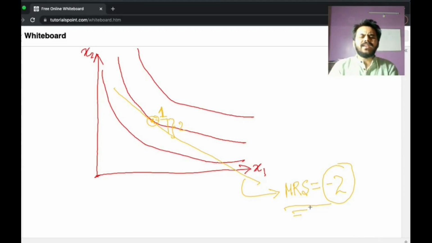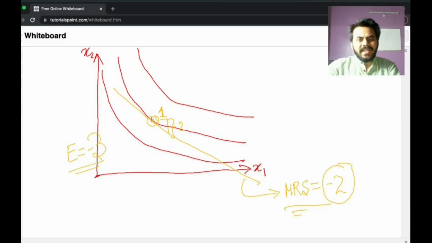Now let's say I don't want to keep you indifferent, I want to move you away from the indifference curve, I want to tempt you, then I'll have to give you different terms of trade, right? So let me give you an exchange rate capital E which is equal to minus 3. Now what is the meaning of an exchange rate of minus 3?